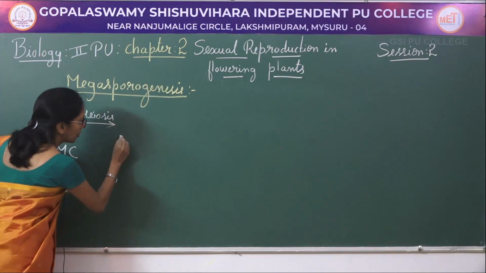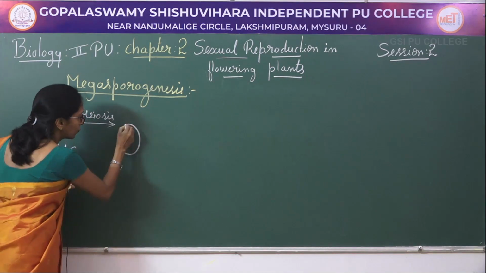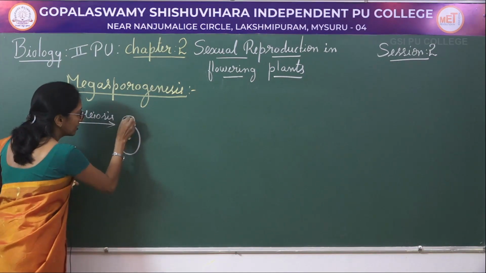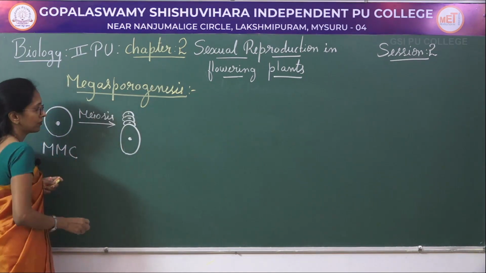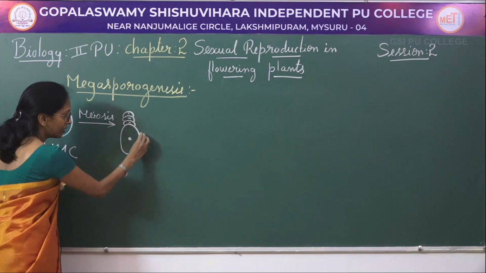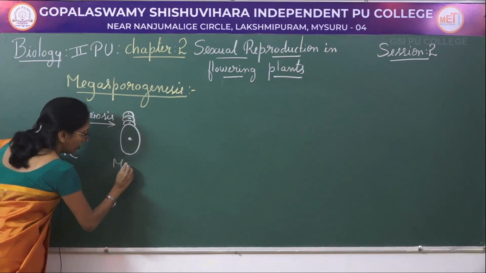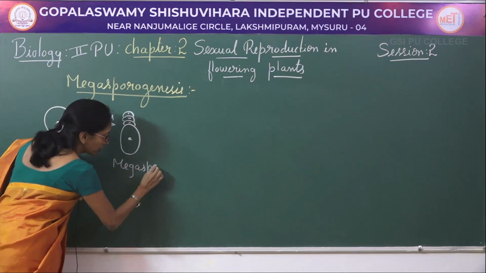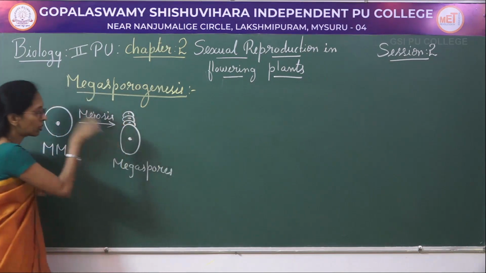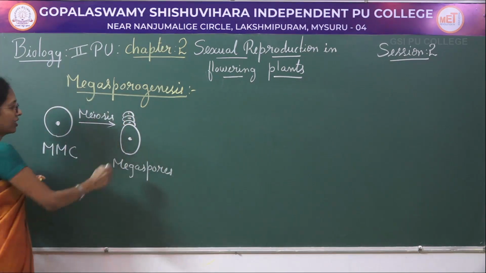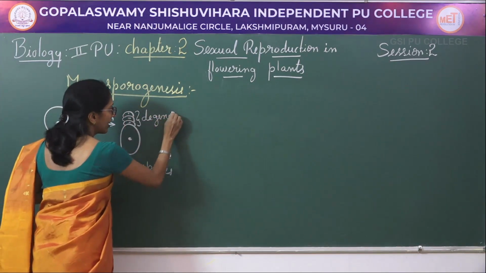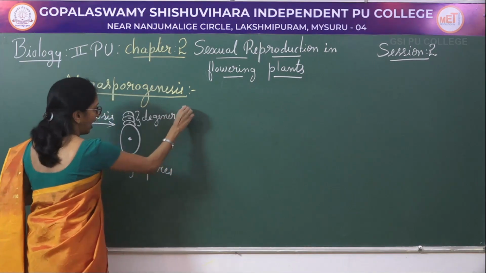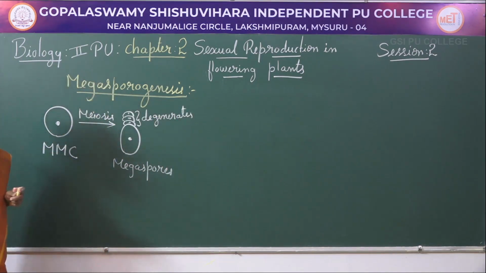There will be a formation of 4 cells like this. 3 are very small and 1 is the larger one. And these cells are said to be megaspores. Out of these 4, the upper 3 smaller ones degenerate, and only the one larger one is said to be the megaspore.